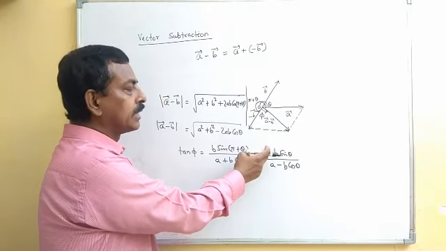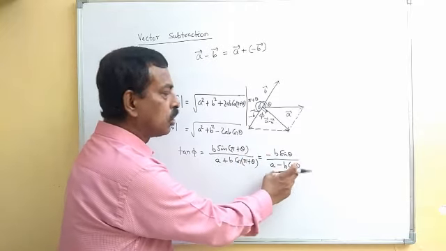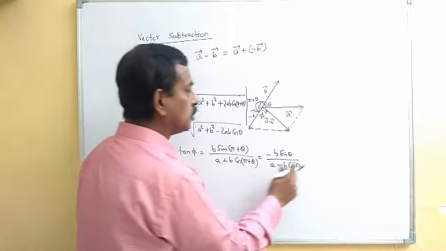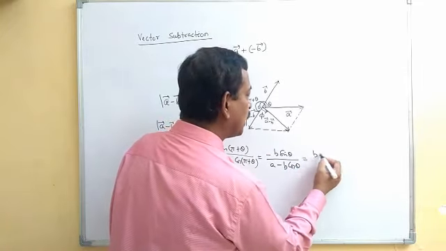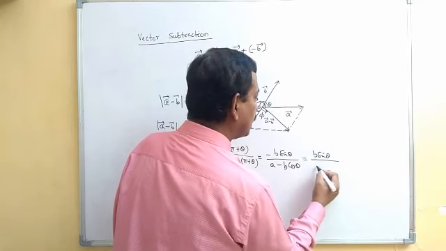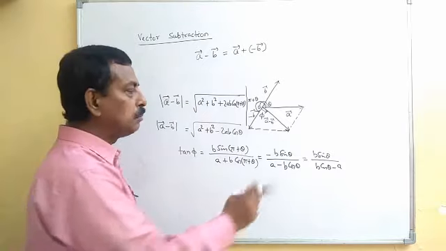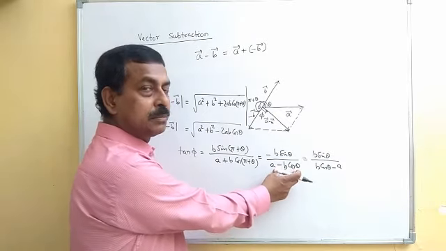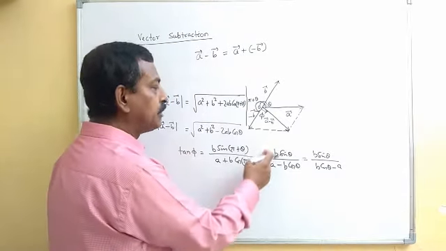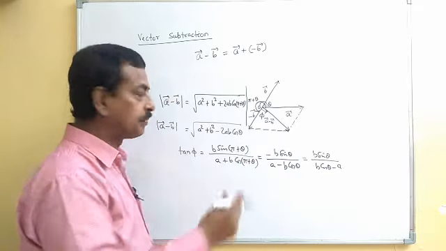We can get rid of this negative if we change the order of the terms in the denominator. So we can write this as B sine theta divided by B cos theta minus A. We have simply changed the order of the terms in the denominator so that we can get rid of the negative sign.